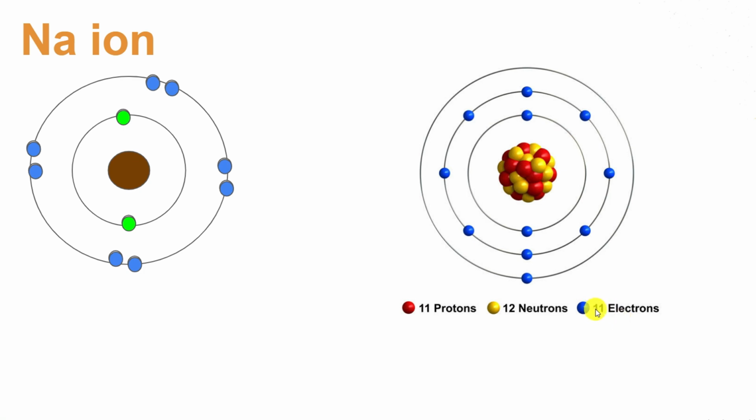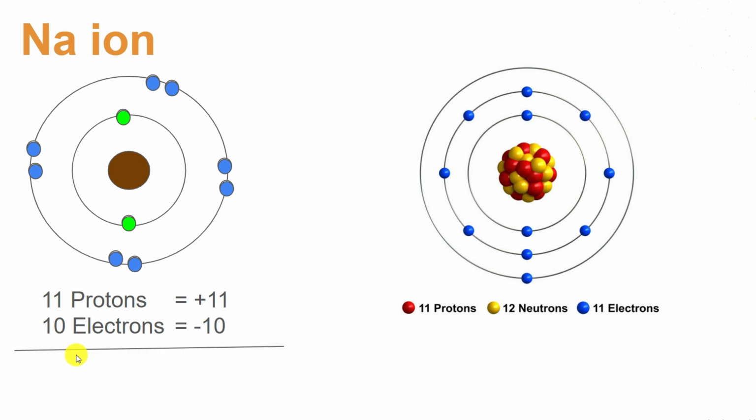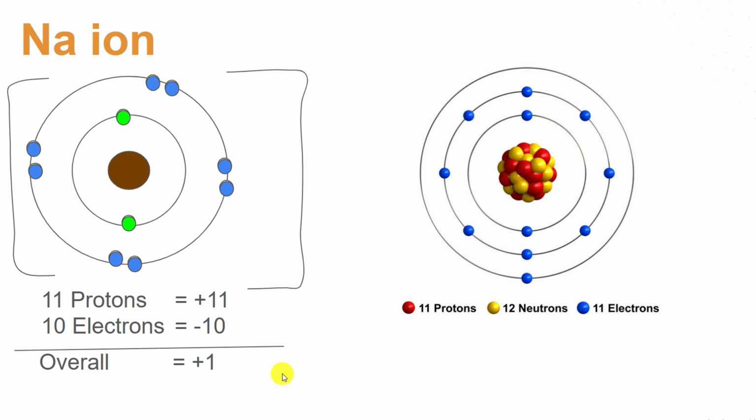The positive charge of 11 protons is neutralized by 11 negative electrons. But not in this ion. In the ion, we have 10 electrons and we have 11 protons. So there will be one proton that cannot be neutralized. That makes sodium a positive 1 charged ion.